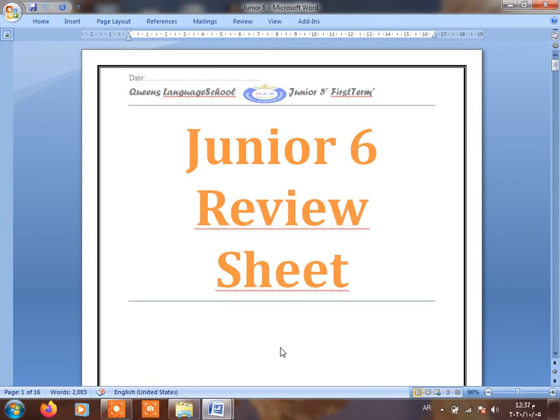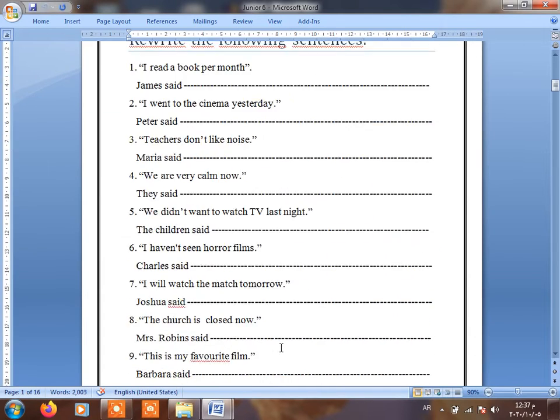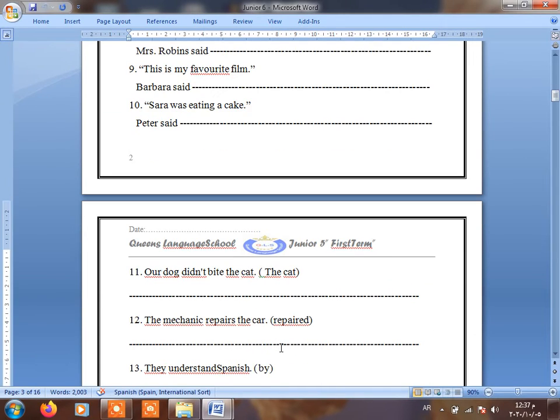So let's start answering. We jump to page number 2, question number 11. Our dog didn't bite the cat. So is this present simple or past simple? Good, it's past simple. So where is the subject? Our dog. The verb is didn't bite and the object is the cat. So I have to start with the object. So the cat.